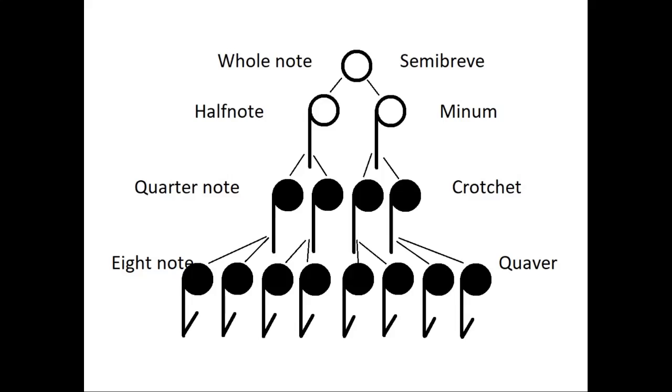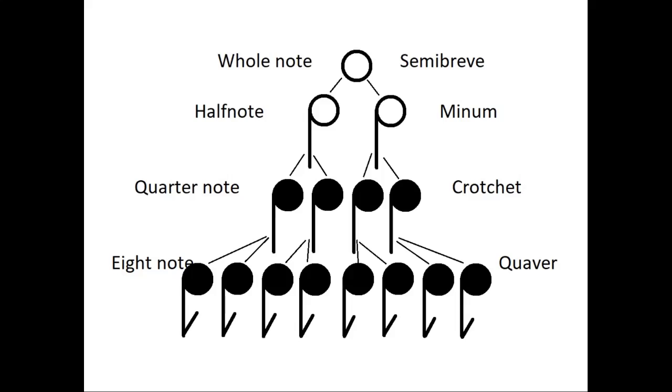Okay, we don't have double whole notes or breves at this point in time, we've just focused on the 4 main notes that you're going to be working with. Keep in mind there's many, many more notes than just these 4 types of notes, but these are the core, so we're just going to work with the core to start with.